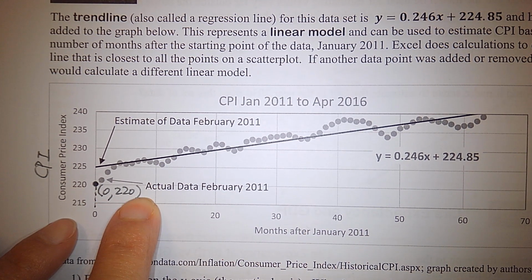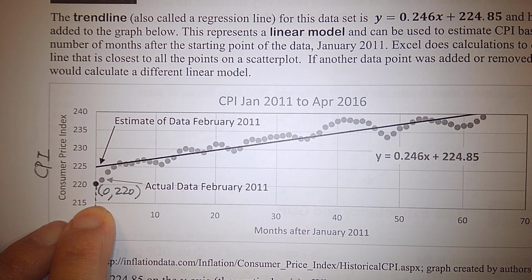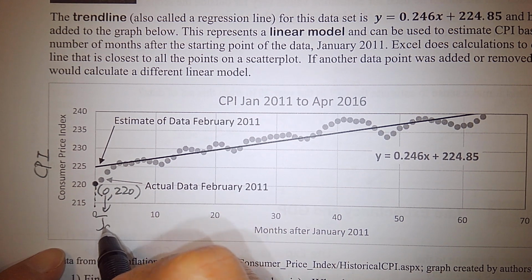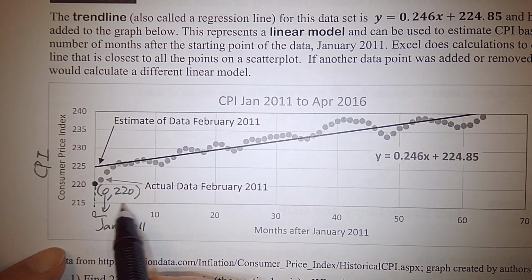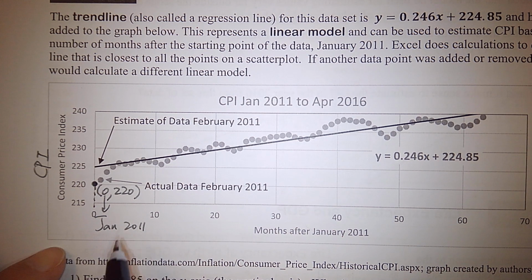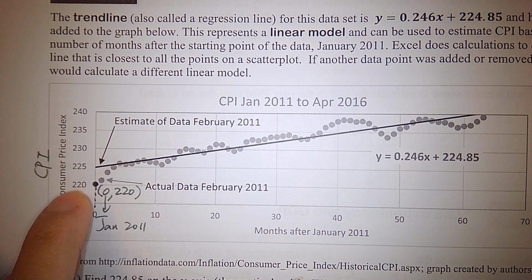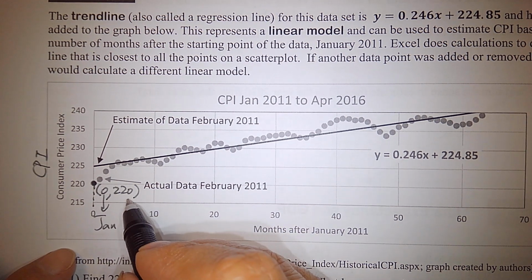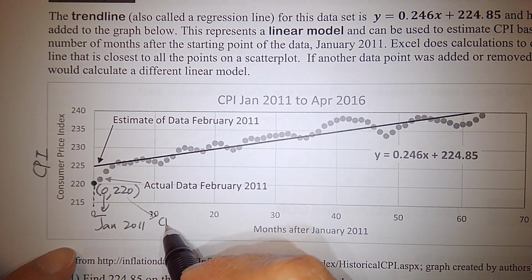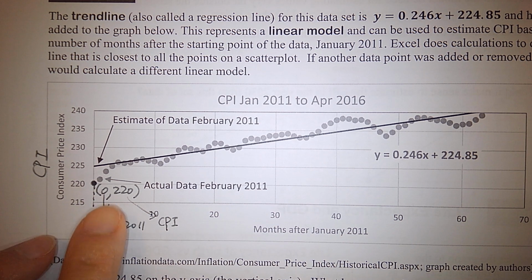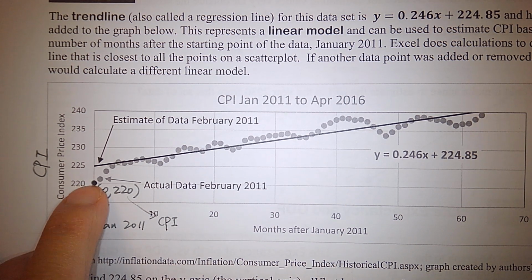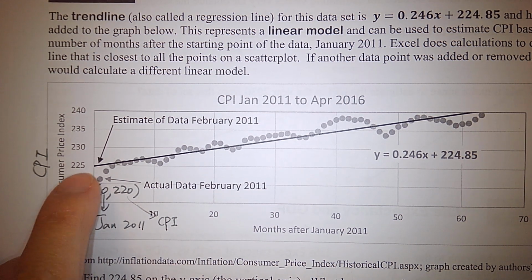Months after January 2011: this 0 gives us January 2011, and this 0 gives us this in months. And 220 gives us what? The CPI. So the 220 is the CPI. This is just this one dot, one scatter plot.